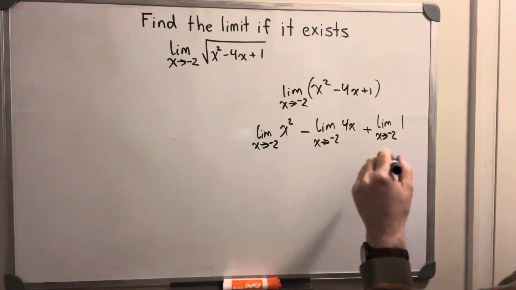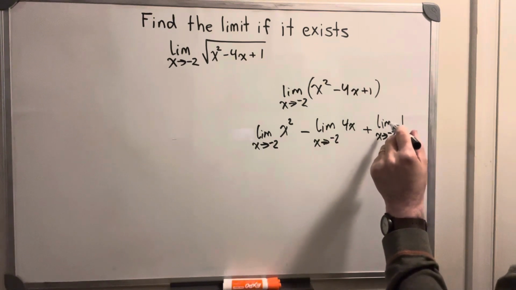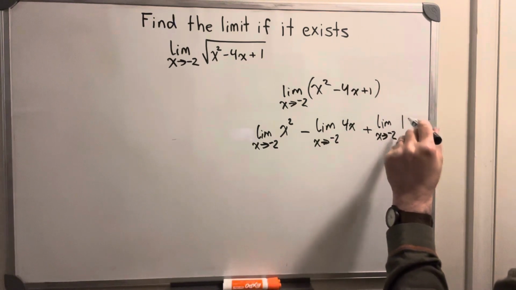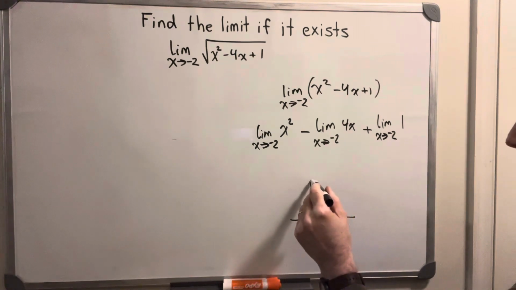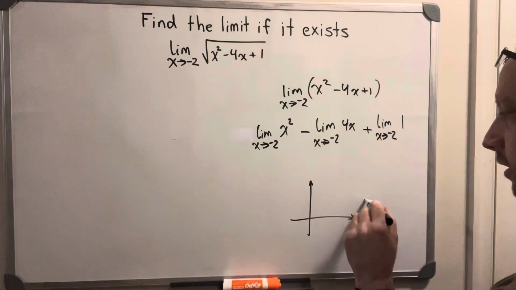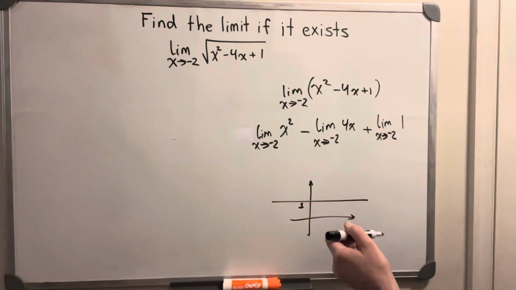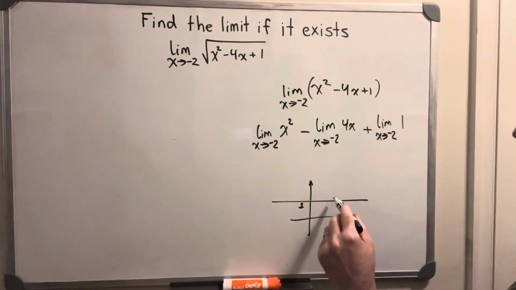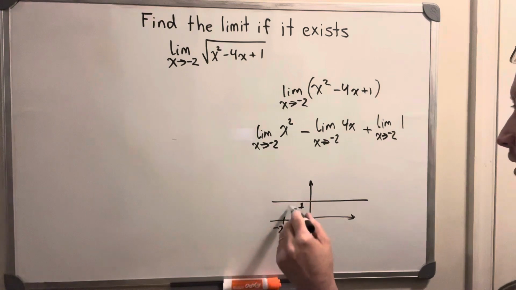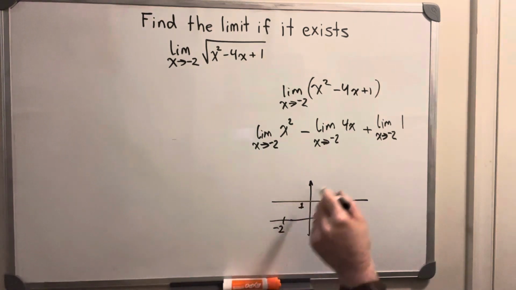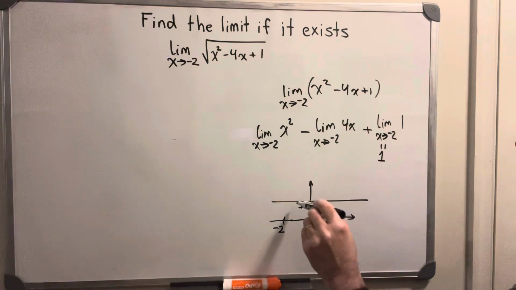Now we've got these 3, and the proof that for a constant function, where this is the x and y axis, if a function is 1 everywhere on the real number line, then the limit of this one is going to be 1, because it's 1 everywhere.